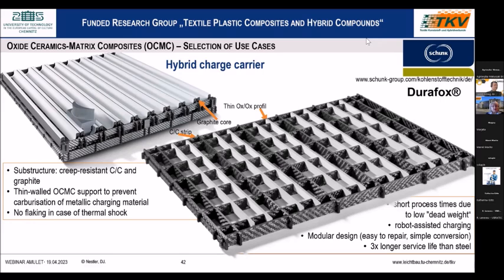They support preventing decarburization of metallic charging material. And there is no flaking in case of thermal shock. Short process times due to low dead weight. The process can also be charged with a robot. We have there also a modular design. This is good for repairing, or we have there a simple conversion, and the lifetime is much longer compared to a steel.